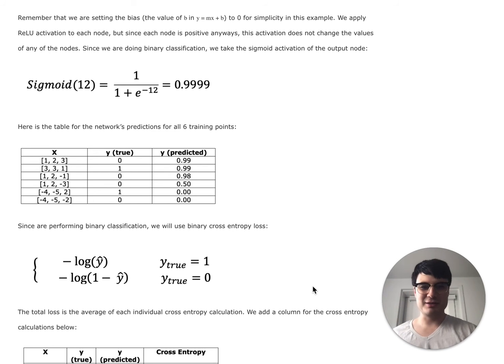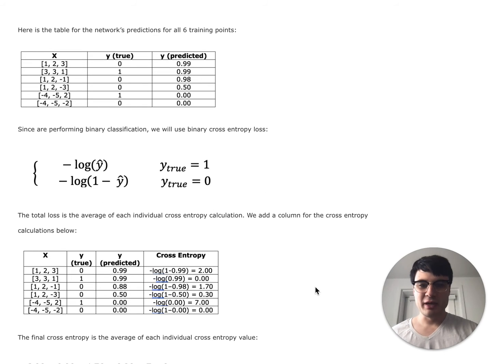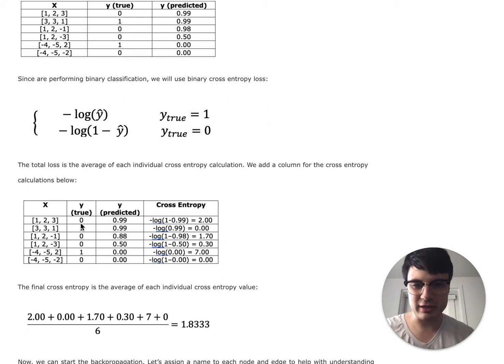So that's the goal here. We want to minimize the loss. Higher loss is bad, lower loss is good, and we can see that play out here. In this first example, where y true is 0 and y predicted is 0.99, the loss is 2. That's relatively high compared to the next data point, where y true is 1, predicted is 0.99. That is pretty close, and the loss is basically 0 when we round.